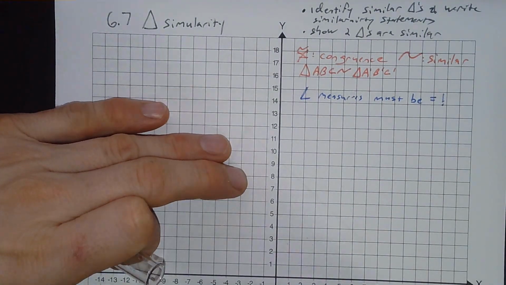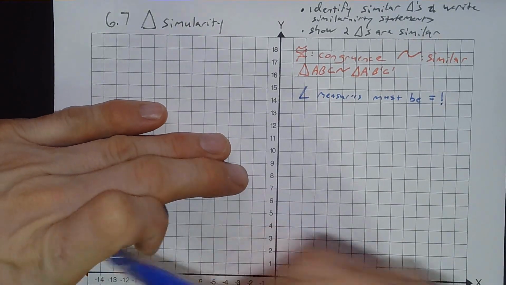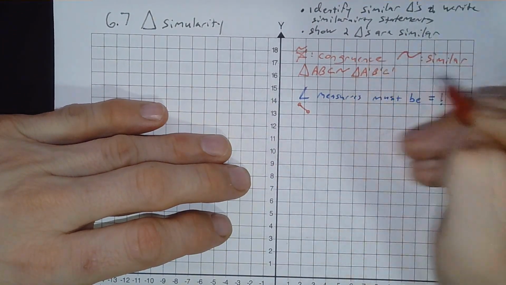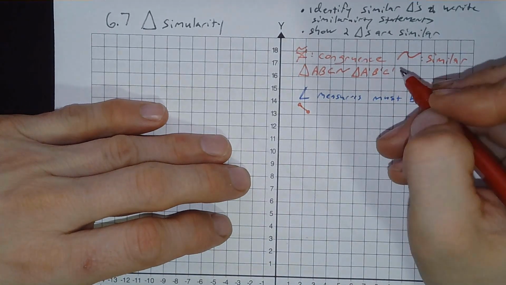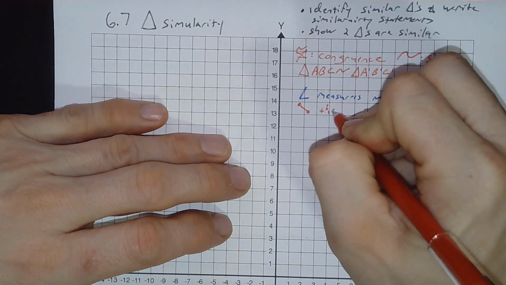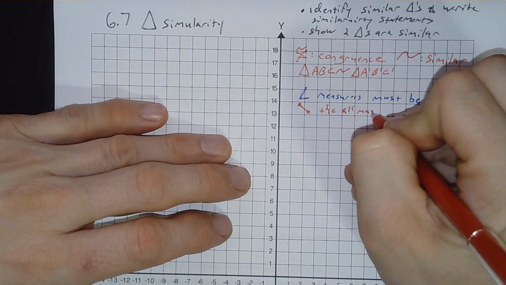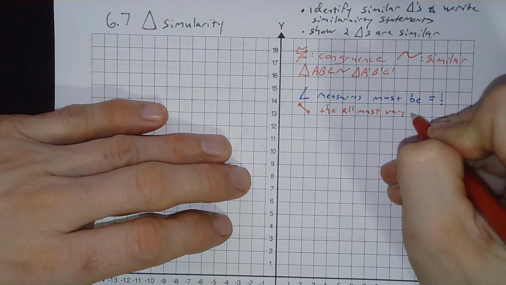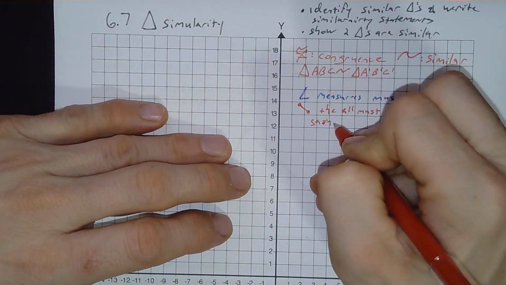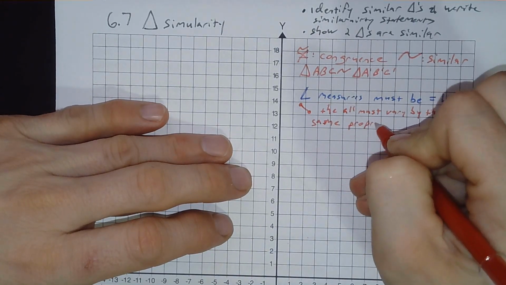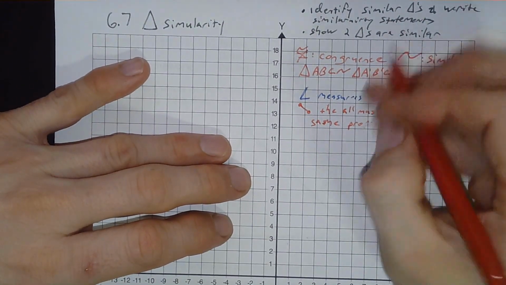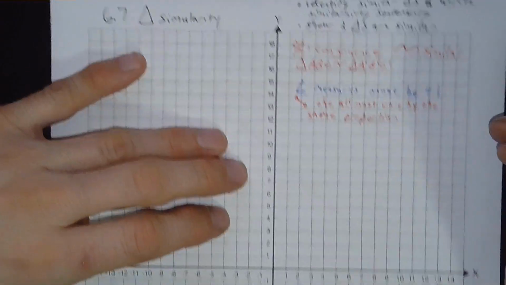And the line segments that make up the figures, or maybe just the line segments if they don't have any angle measures, all must vary by the same proportion. They must be proportional.